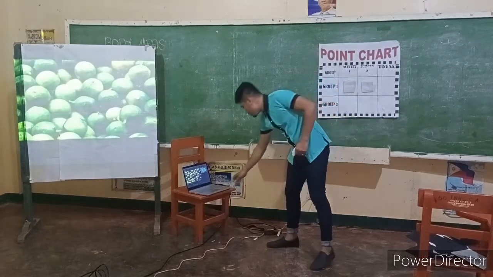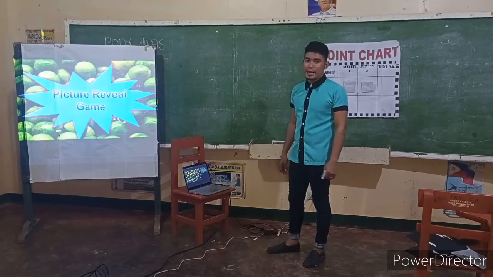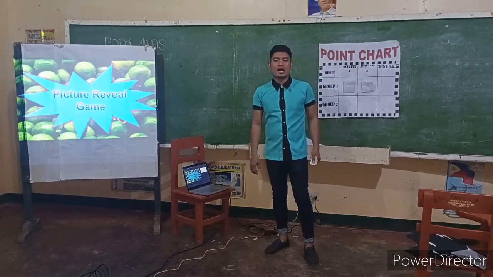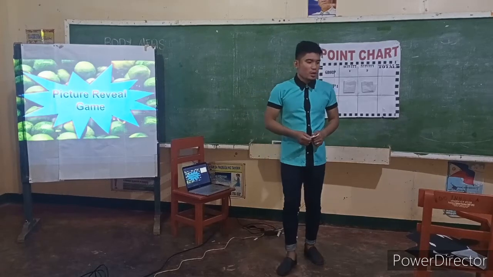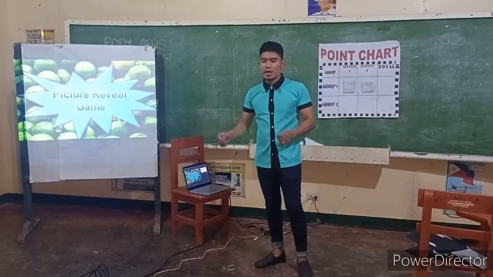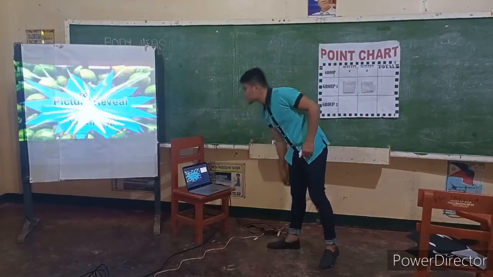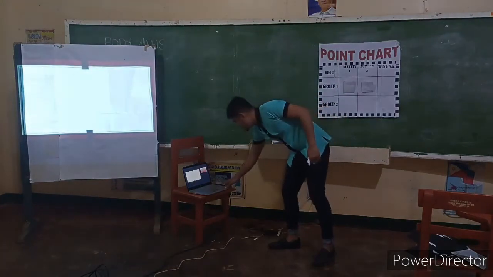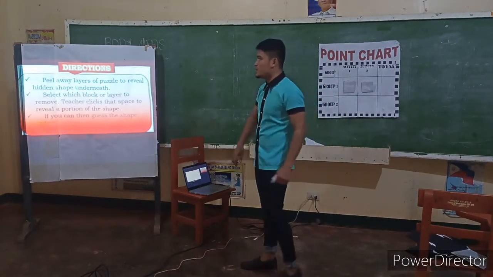This game is what we call the picture reveal game. But before that, I will first group you into two groups. Okay, so this will be group 1 and this will be group 2. Okay, so let's start. Here is the direction of the game.